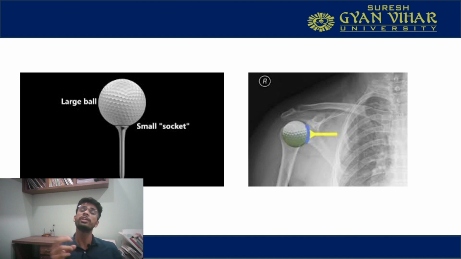So this shallow and small glenoid cavity has to accommodate this large ball. You can understand better how this joint is actually placed in our body through this analogy. This small tee or small socket represents the glenoid fossa, and this large ball represents the convex head of the humerus.